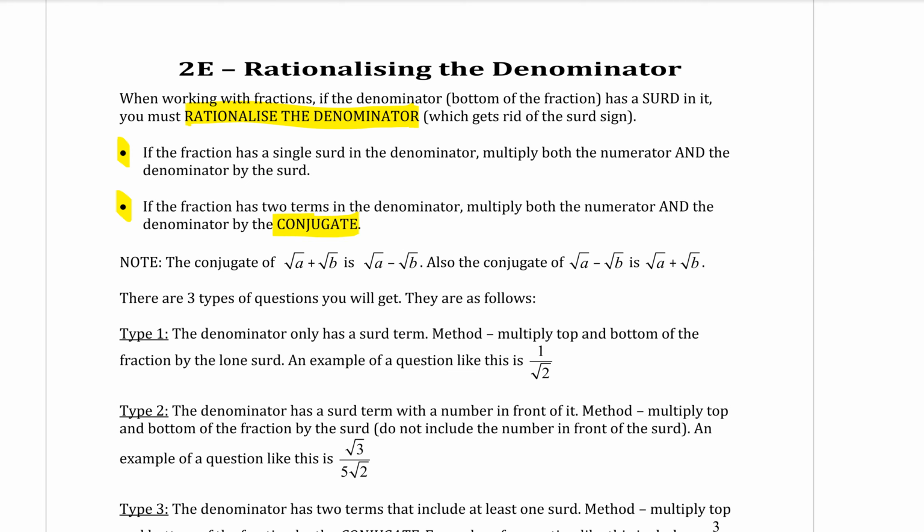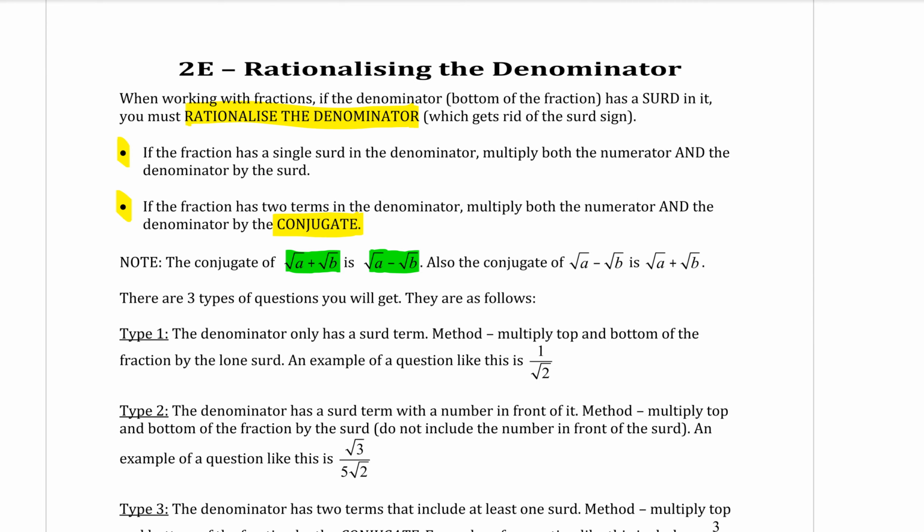Now that's a bit of a fancy word, but what that means is, when you have two terms on the bottom of a fraction, you're multiplying by the exact same thing, but you change the sign in between them. So for example, if I had something like square root of a plus square root of b, then the conjugate that I'm multiplying by is square root of a minus square root of b. So it's exactly the same, but I've changed the plus sign into a minus sign.